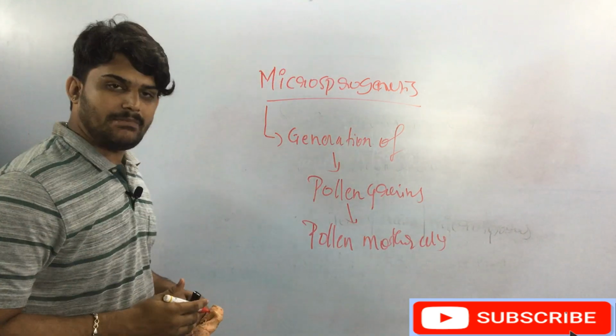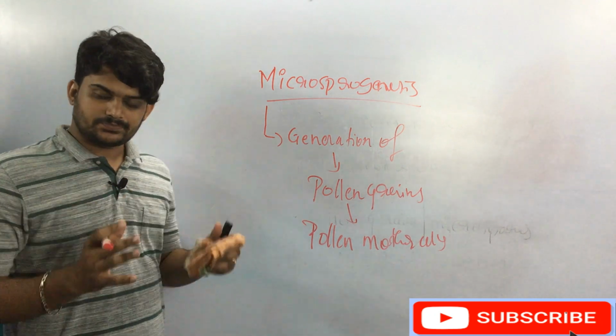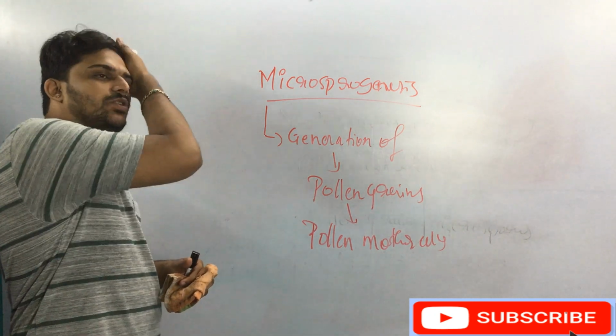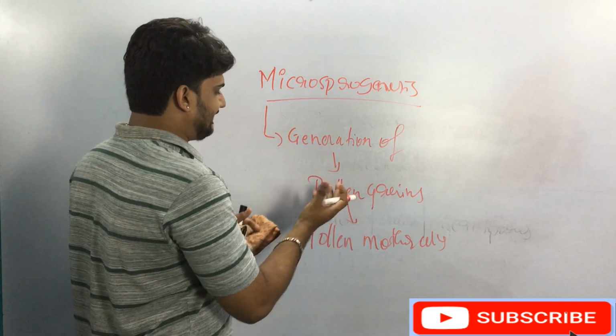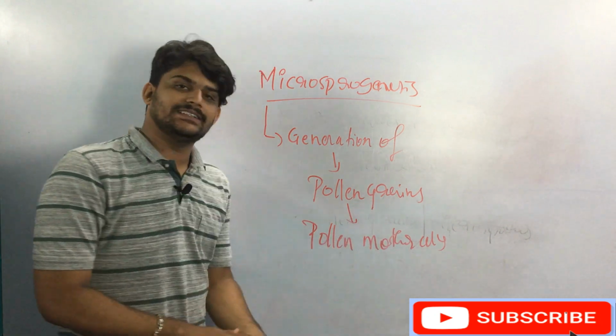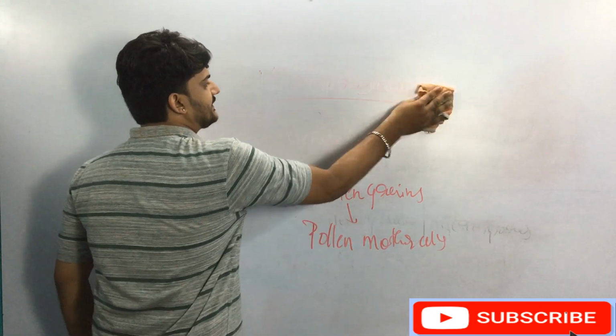Then what is the role of sporogenous tissues? Their role is to produce or act as the pollen mother cells. Let's see how it acts.